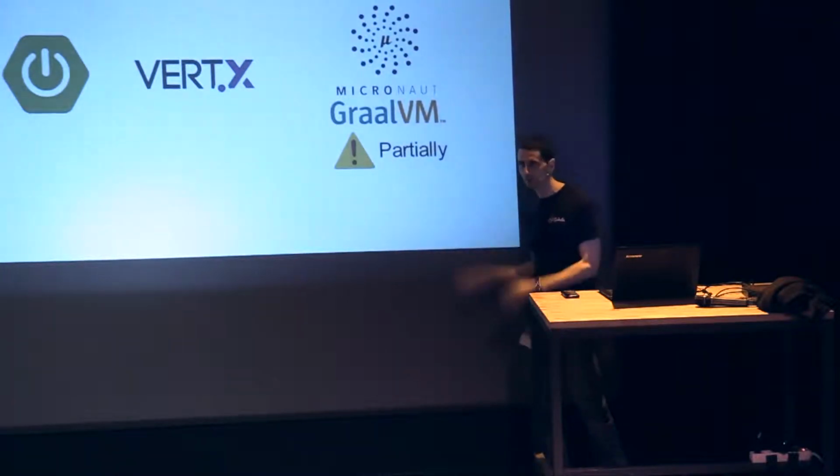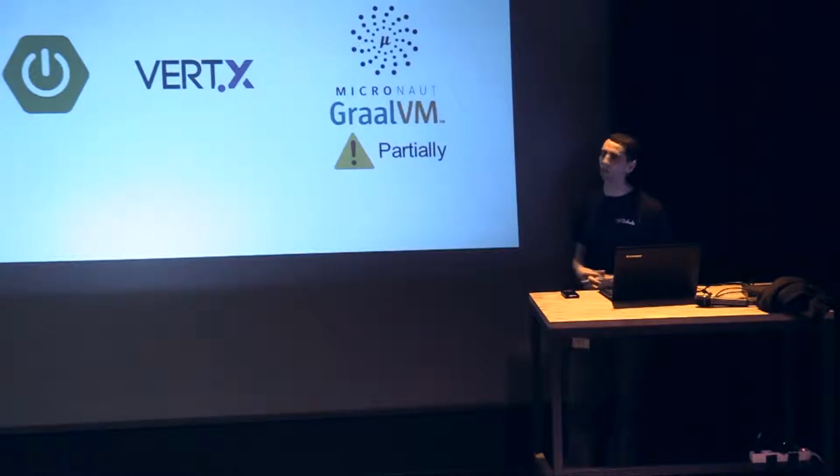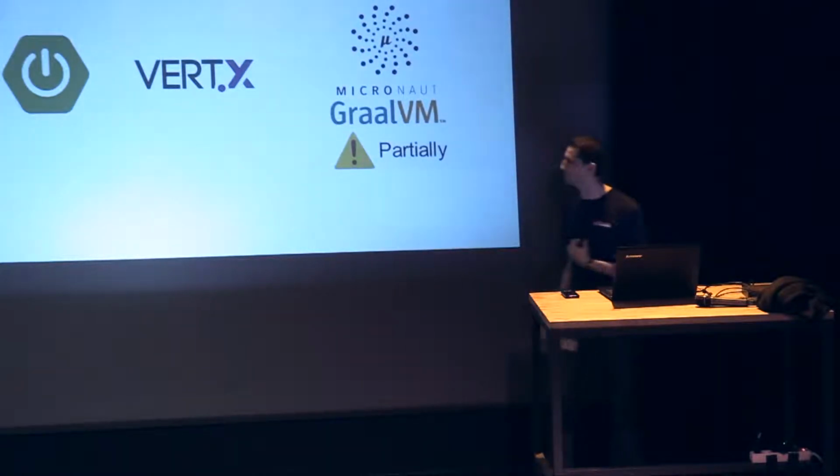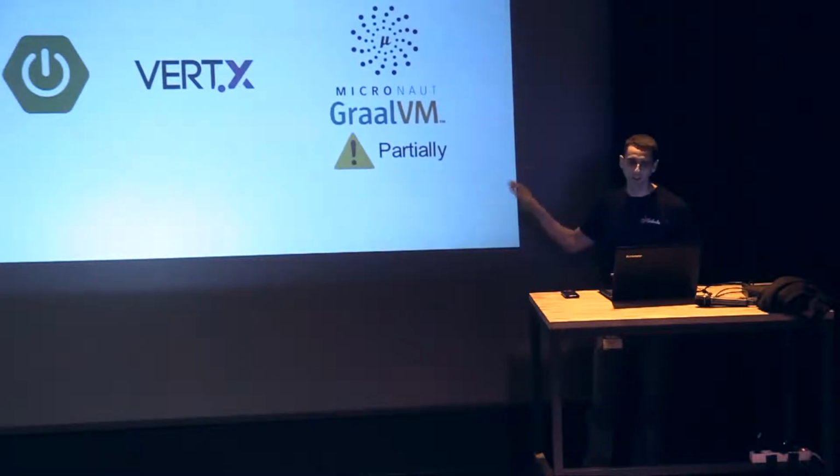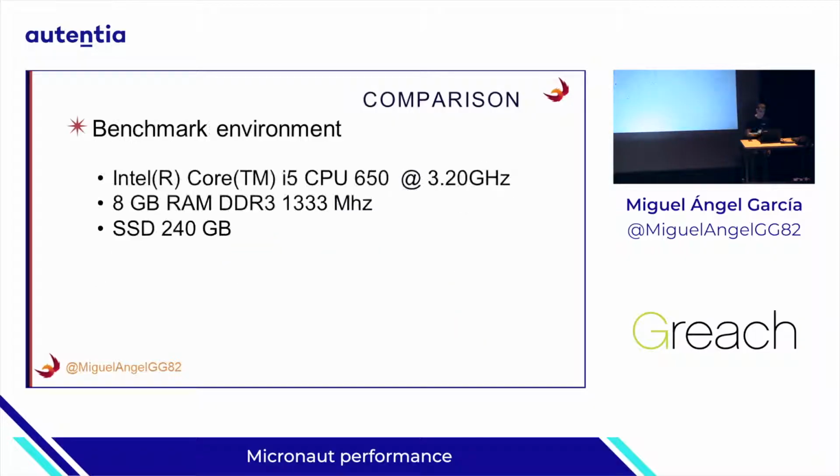Until yesterday I've been trying to run both things together, but I cannot make it work, so sorry, because some metrics have been measured manually. This is the benchmark environment: an Intel Core i5 with 8 gigabytes of RAM and an SSD drive.